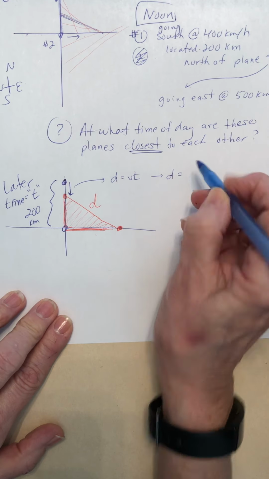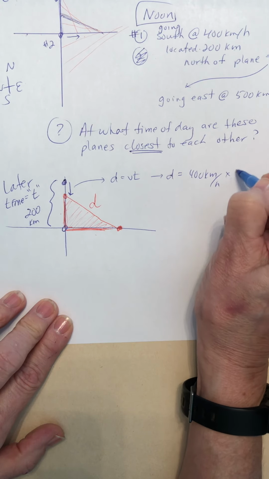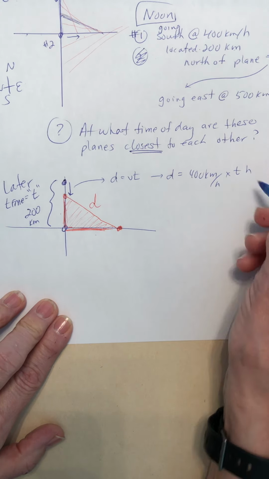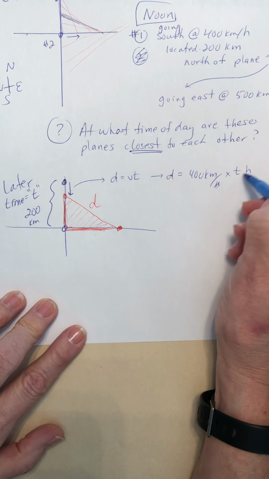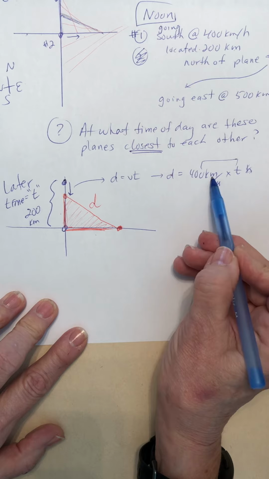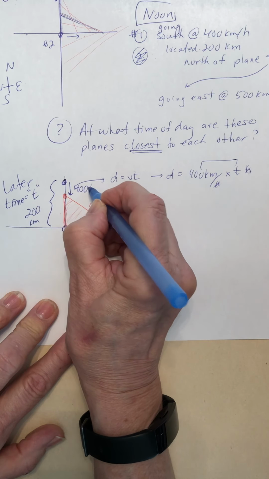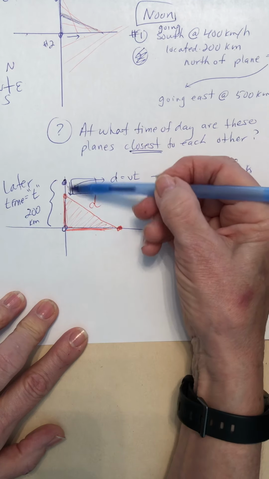So for this plane, its velocity was 400 kilometers per hour times t hours. So the h is canceling, and my units are called 400t kilometers. So this distance right here is 400t. That's how far it's gone.